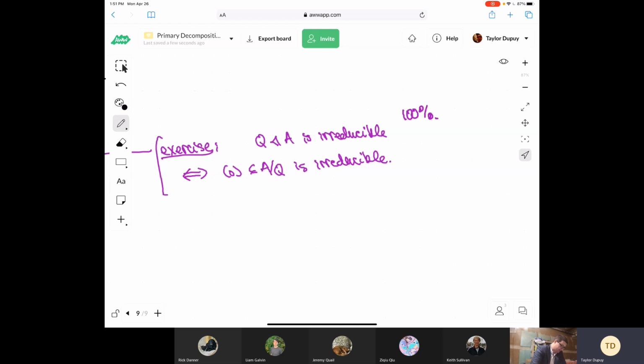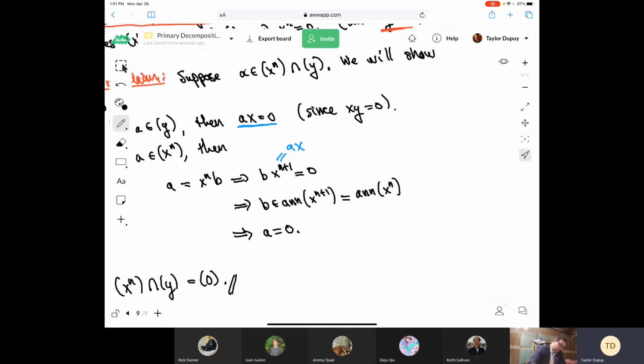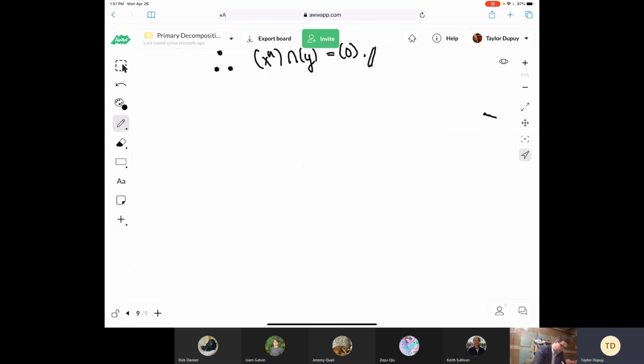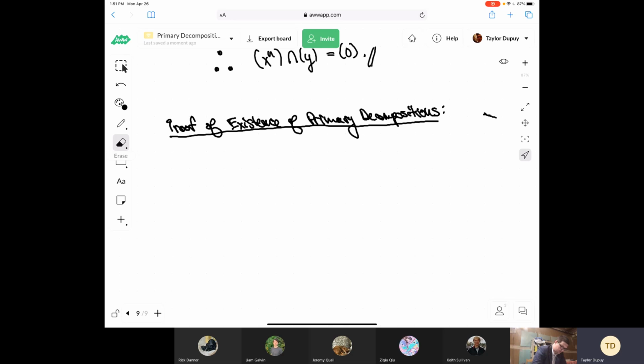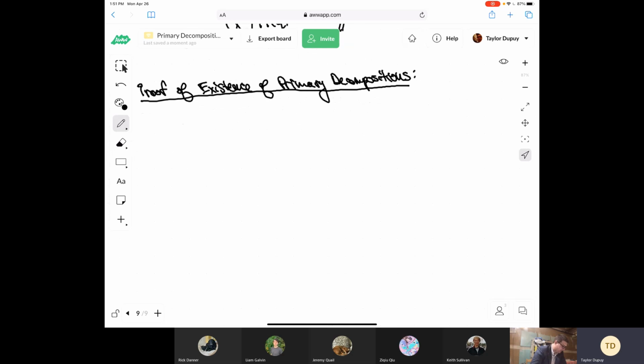All right, let's do the theorem now. So proof of existence of primary decompositions. And so again, we're using that the ring is Noetherian.